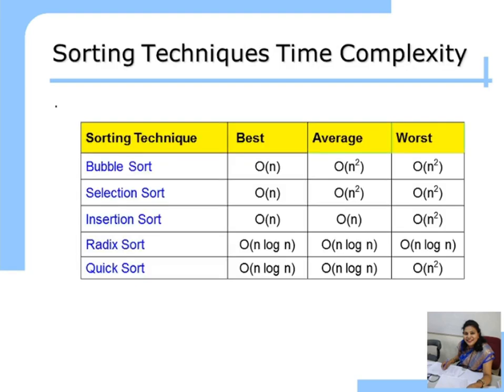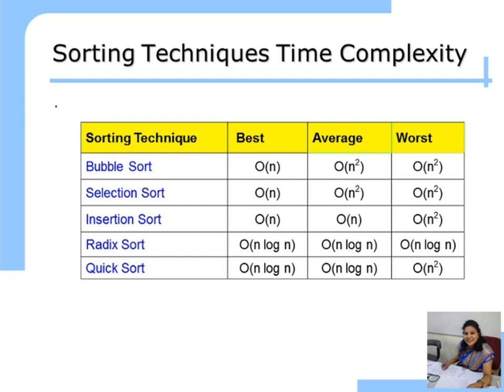Okay. Since all the sorting techniques are completed, this is a time complexity comparison chart of all sorting techniques. Bubble, selection and insertion are efficient for small arrays, whereas radix and quick sorts are efficient for large arrays. Bubble and selection are very slow.